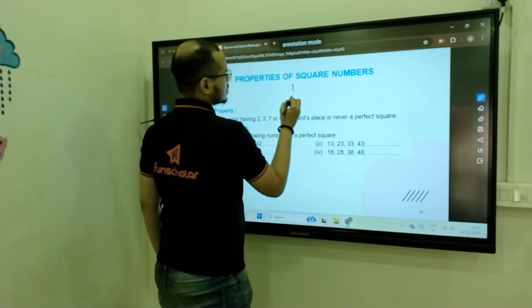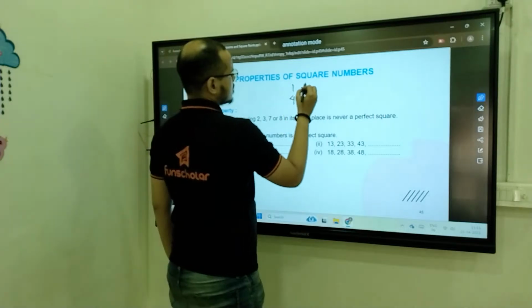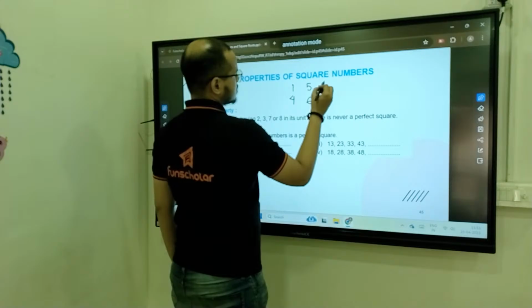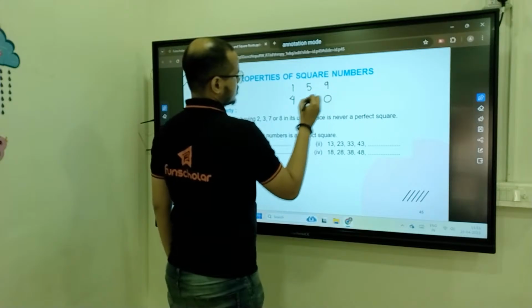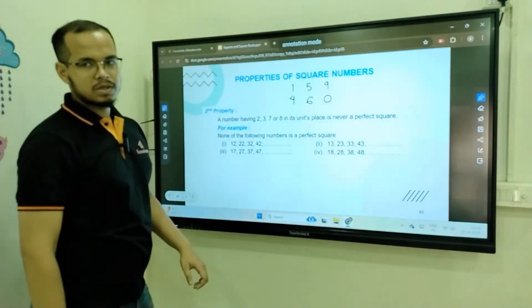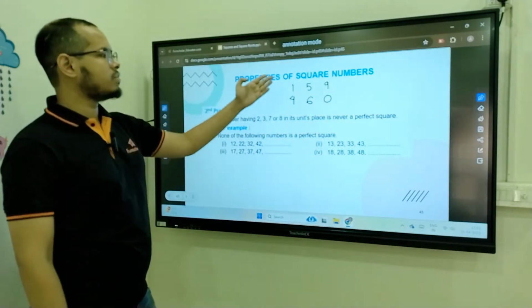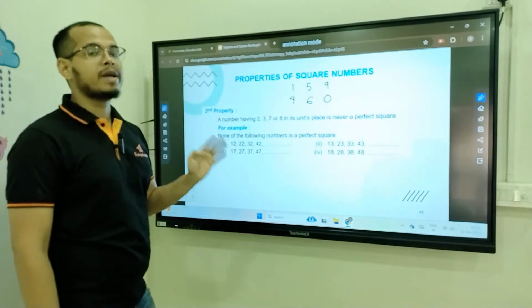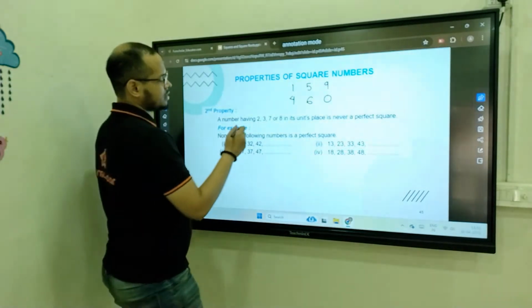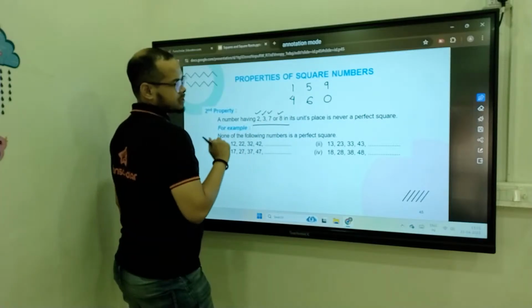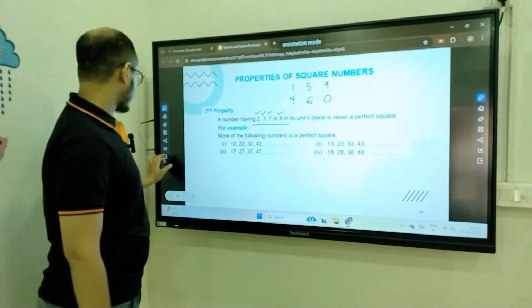So 1, 4, then 5, 6, 9 and 0. If a big number is ending with any of these 6 digits, it might be a perfect square. But if it is ending with 2, 3, 7 or 8 at the unit place, it is never a perfect square.